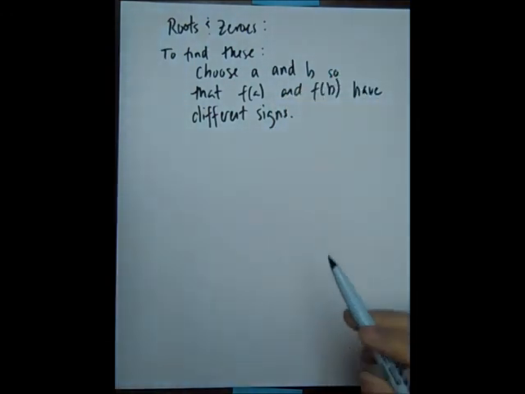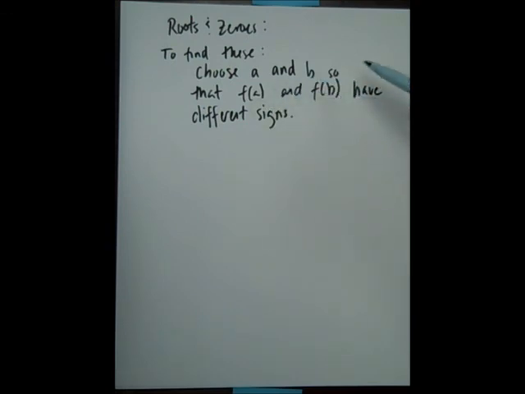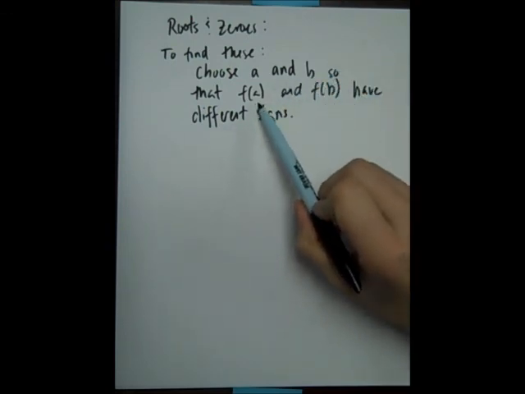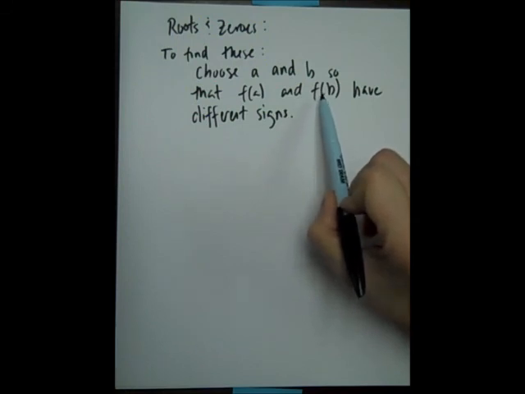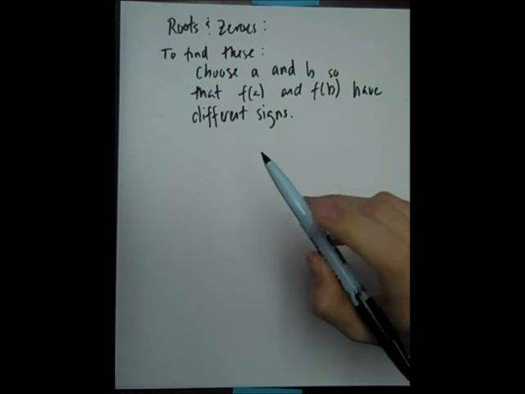What I mean by that is that if you find that f of a is positive, you want f of b to be negative. If f of a is negative, you want f of b to be positive. The reason is, if one is negative and one is positive, then 0 is between those two, and therefore there has to be something corresponding to 0.